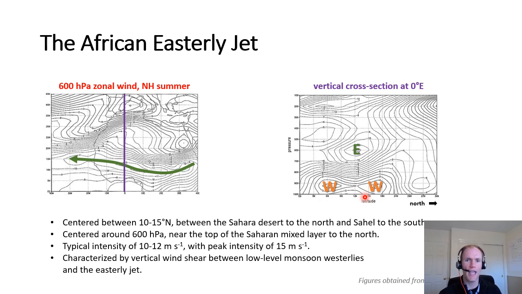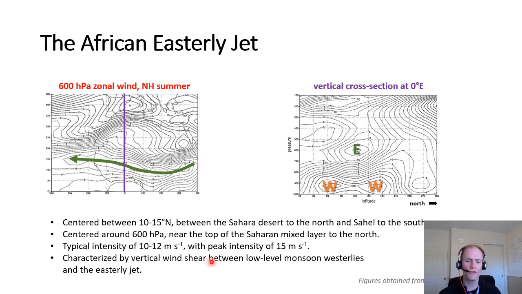Just like the Indian monsoon or the Asian monsoon, we have a lower tropospheric cyclonic circulation with low-level westerly flow coming in across the equator off of the Atlantic and into Africa here, and then that spirals into a cyclone here over the Sahara Desert that has the name of a heat low in association with it. So we have low-level westerly winds that give way to upper-level easterly winds in association with the African easterly jet.